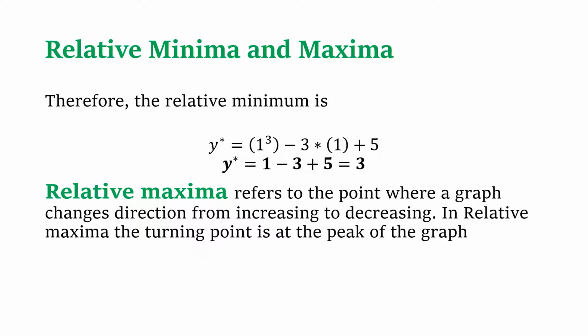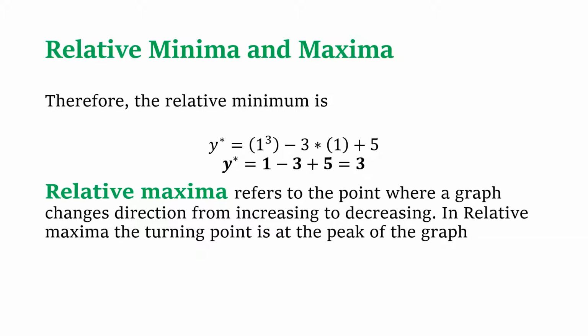So now let's move on to relative maxima. What is that? Again, just like we see a graph decreasing and then increasing afterwards, when it changes direction from increasing to decreasing, then it becomes a relative maximum.